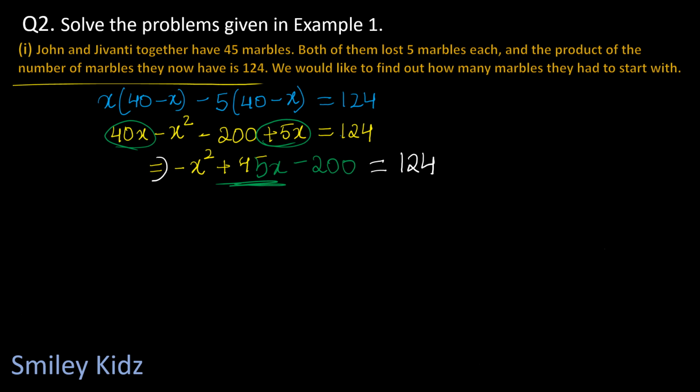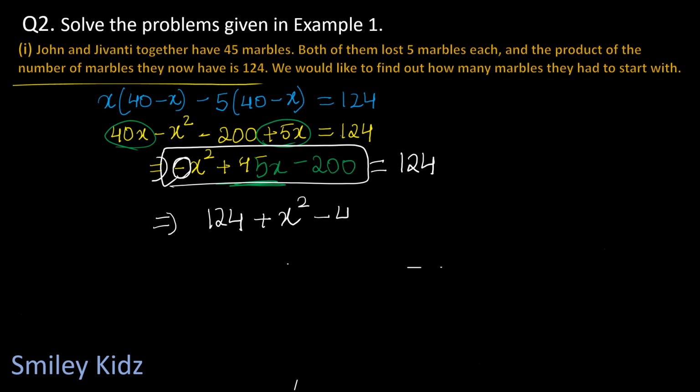Now, here if you observe, we have a minus sign for x square. In order to eliminate that, I'll transpose this entire LHS to RHS so that I can proceed with the further simplification. At the same time, I can eliminate this minus sign. So it turns out to be 124 plus x square minus 45x plus 200 equals 0.